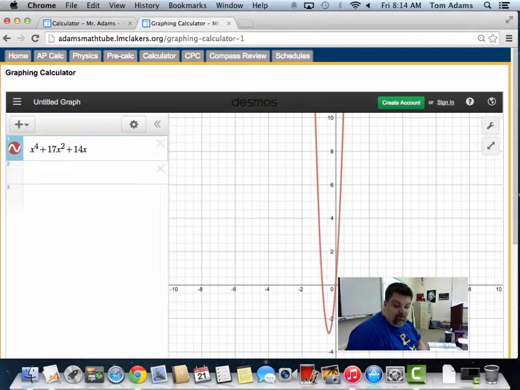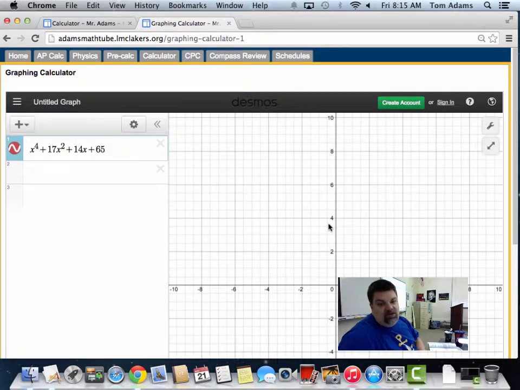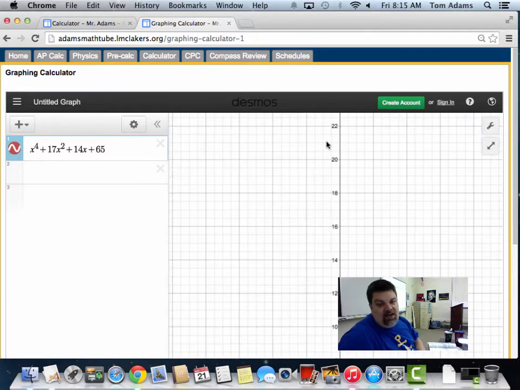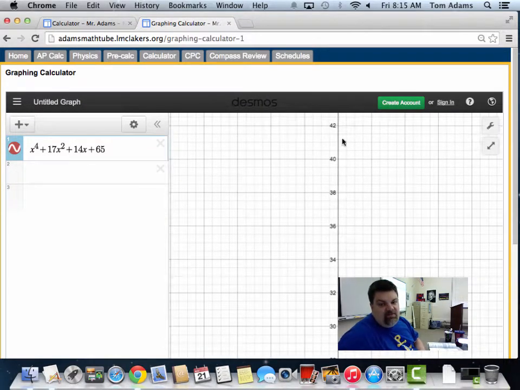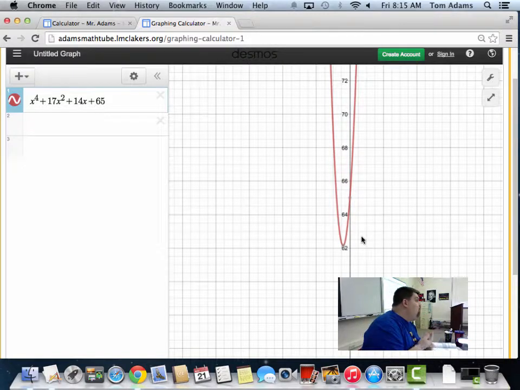Now watch what happens when I hit plus 65, we can't even see it on the graph. So that means it's way, way up here. It's been shifted up 65 units. So I'm going to have to get to the 60s before I even get close. So clearly there's no real x-intercept or no real solutions. Does that make sense to you guys?